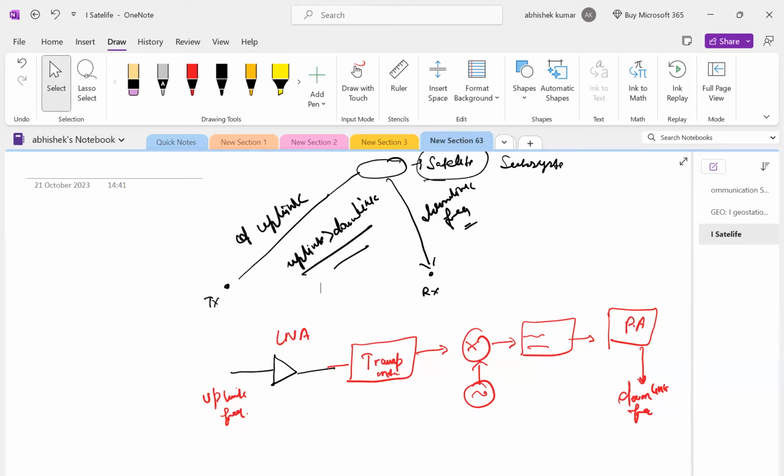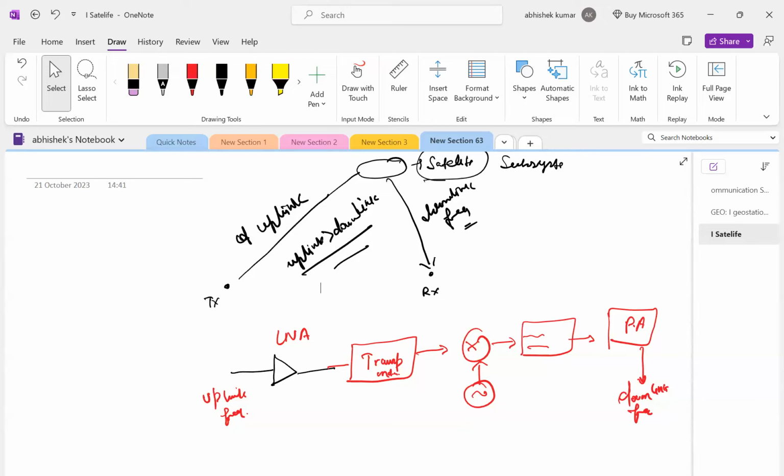This is the Earth surface and the elevation angle for a receiver on Earth. You can see that for different elevation angles, we have different power.